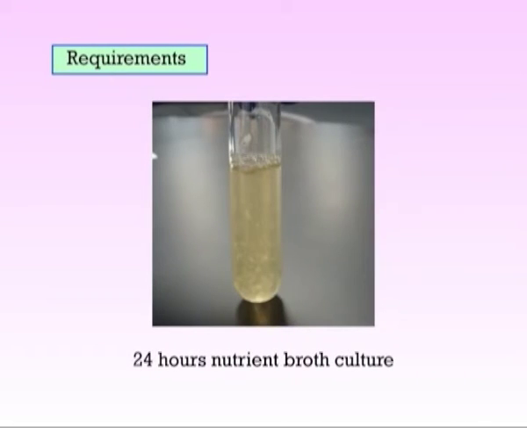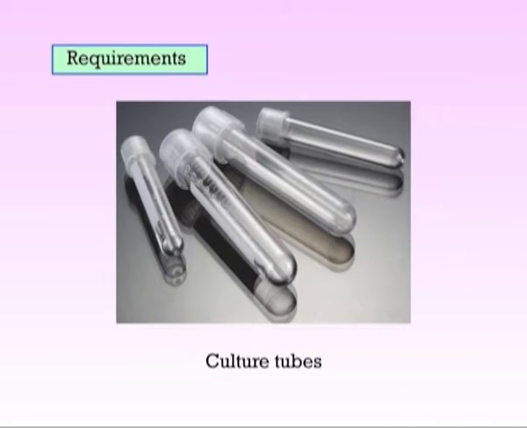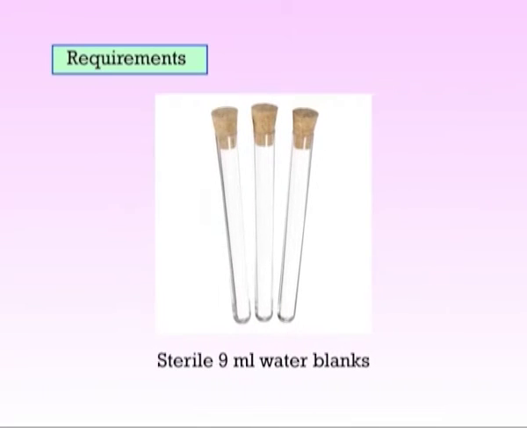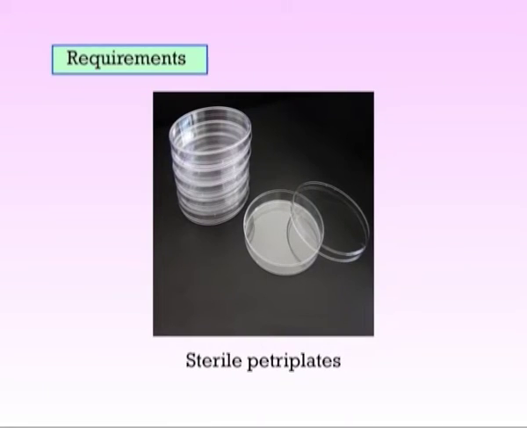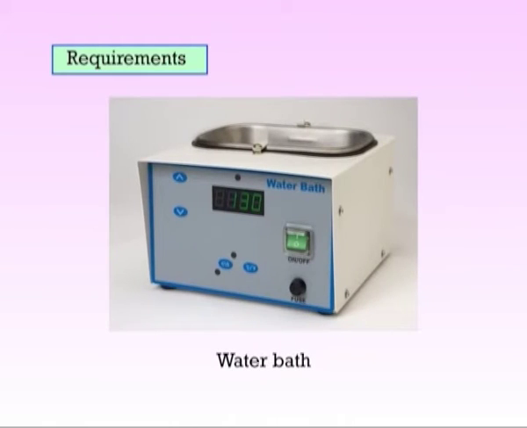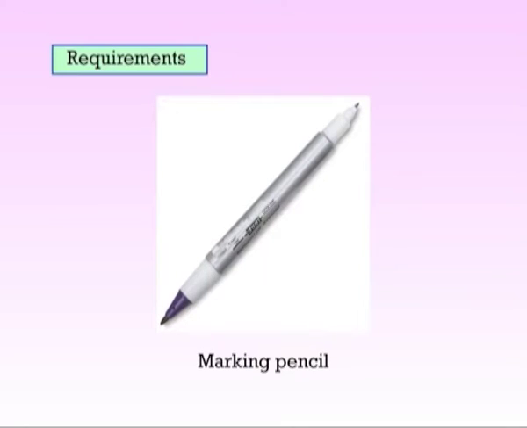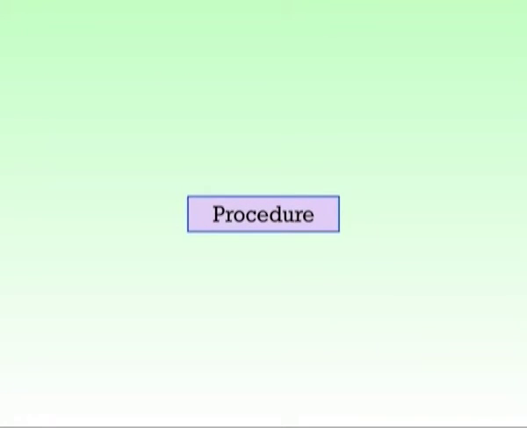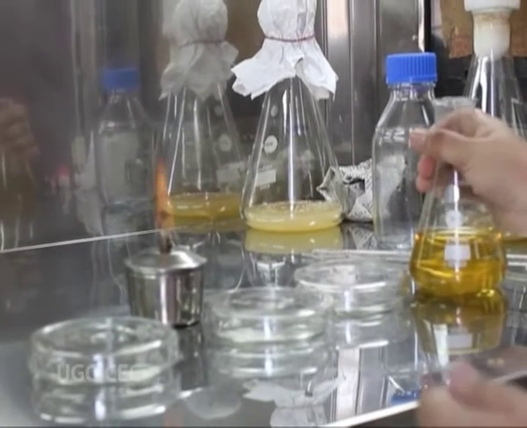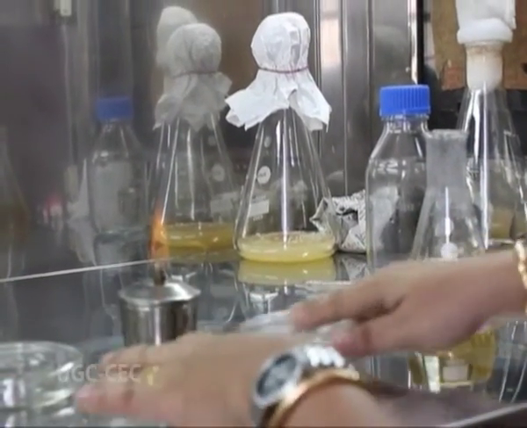In the requirements, a 24-hour nutrient broth culture is required, then culture tubes, sterile 9 ml water blanks, sterile petri plates, water bath, spirit lamp, marking pencil, etc. Then in the procedure, first, serial dilution of the sample is done.